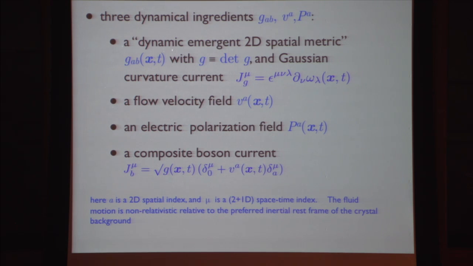So I'm going to show what I think is an attempt to make a proper theory of this, based on the fact that we are actually dealing with an effective Lagrangian for a dynamical 2D metric. Just as in a solid, the acoustic phonons are the shape of the metric fluctuations in the solid.